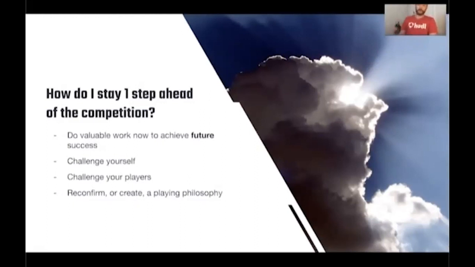Obviously, we've got the standard stuff of recording and analyzing your own games, but you could use this time equally to grab footage of some teams who you aspire to be like. And so that's the final point there. You can use this time to reconfirm a playing philosophy if you have one. And if you don't have a playing philosophy, take this time now to decide what that could be.